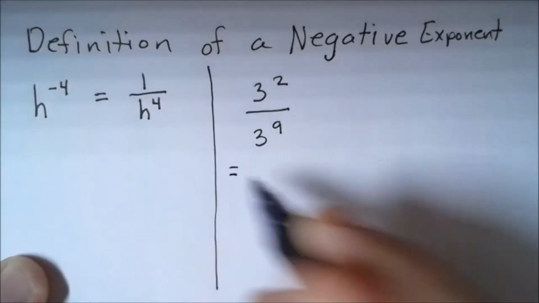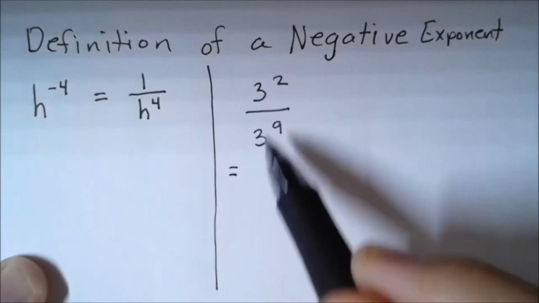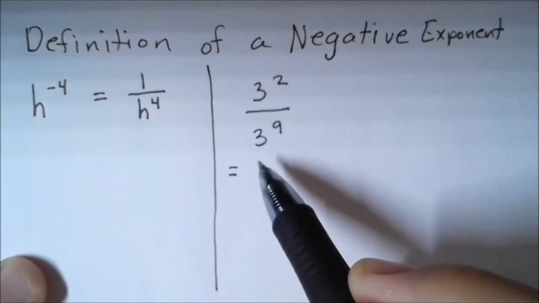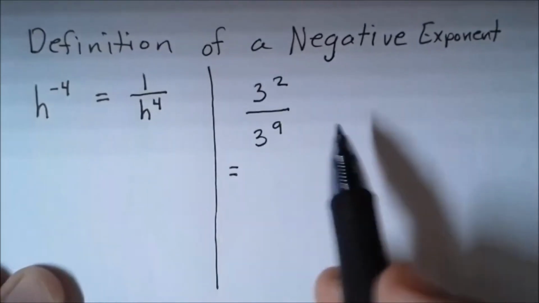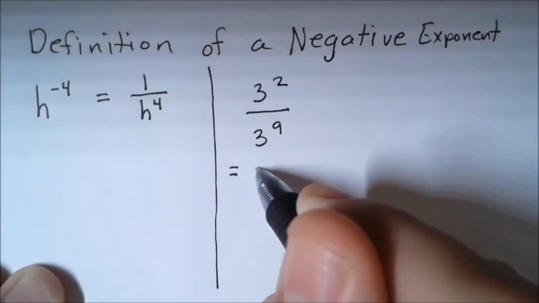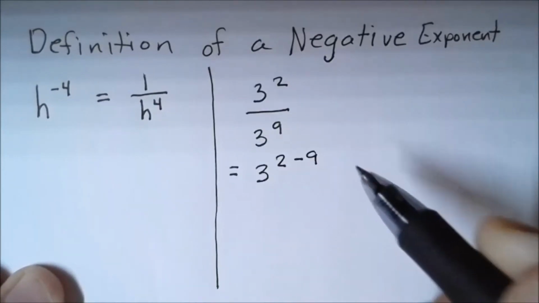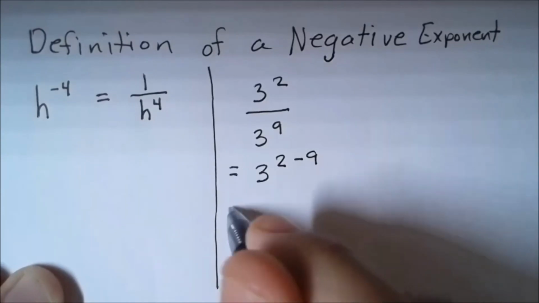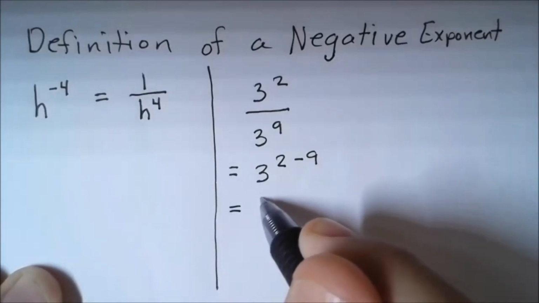So when you have one like this, we're going to use our rule here, and it says that whenever we're dividing bases of the same value that have different exponential powers, we just subtract the denominator's power from the numerator's power. So I'm going to go ahead and write 3 to the power of 2 minus 9. When I get done, we know 2 minus 9 is going to give me 3 to the power of negative 7.